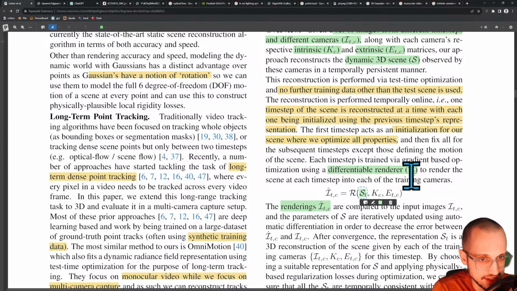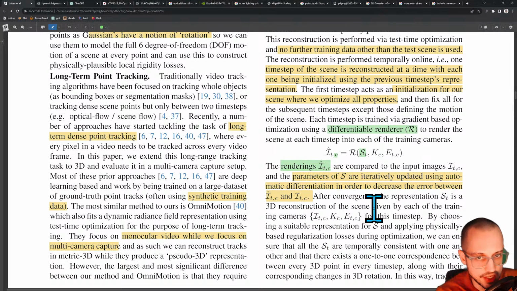It's taking in K_c, which is the intrinsic camera matrix for the specific camera that you want to render from, and the extrinsic camera matrix for that specific camera. Then compared to the input images, the parameters of S are iteratively updated using automatic differentiation in order to decrease the error. And this is basically the learning process right here.